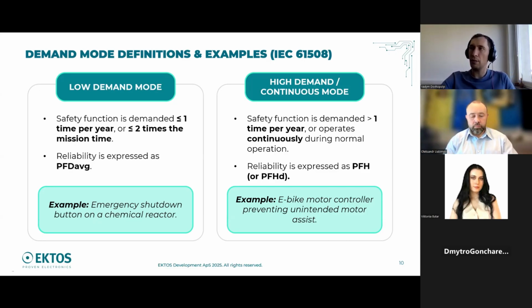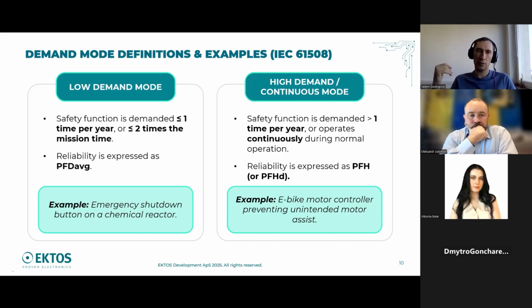Before doing this, we have to look into demand mode for the application. For this, we have low demand mode and high demand or continuous mode. It says how frequently the functional safety function will work in your system. 61508 defines low demand as a safety function which operates less than 1 time per year.